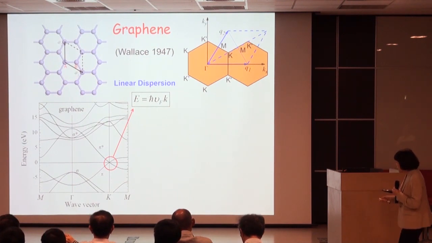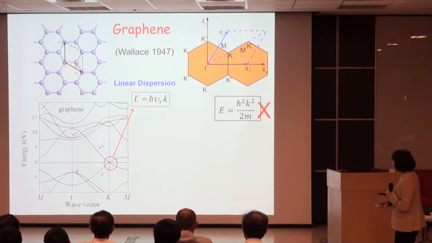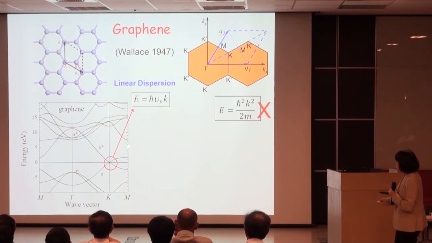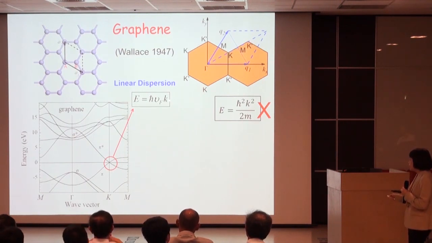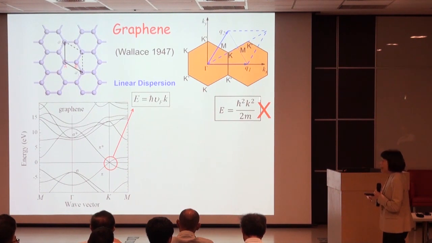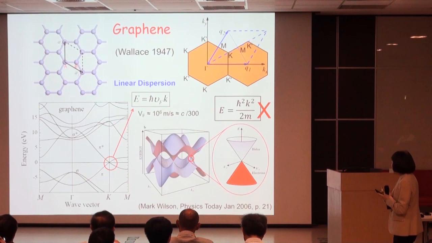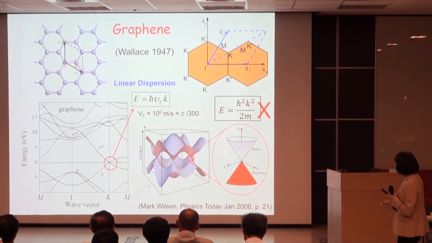Above that, everything is empty. And the energy dispersion near the Fermi level is very special because it is linear with the momentum k, which is very different to what we understand happens in solids. Okay? And so this famous Dirac cone, it goes in any direction. We have that linear dispersion.